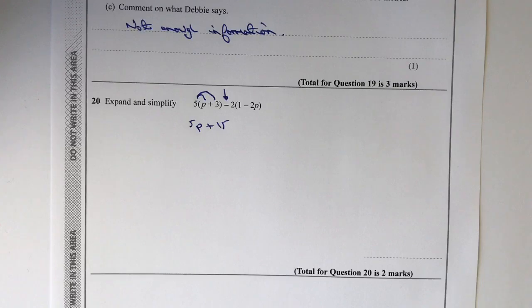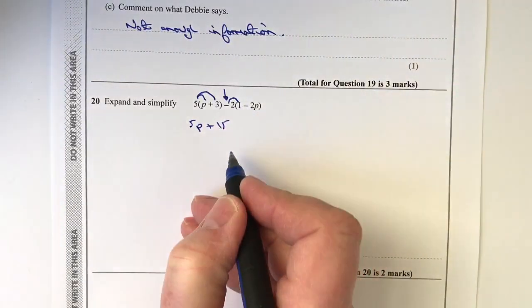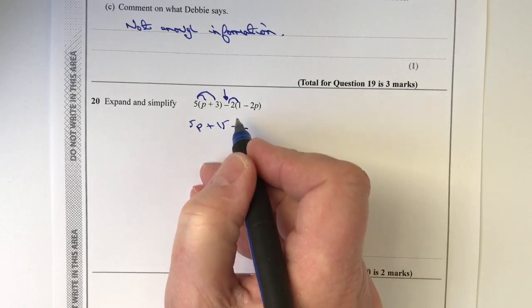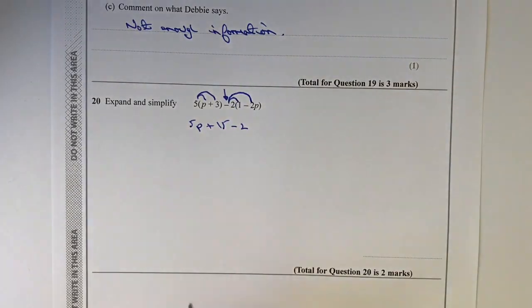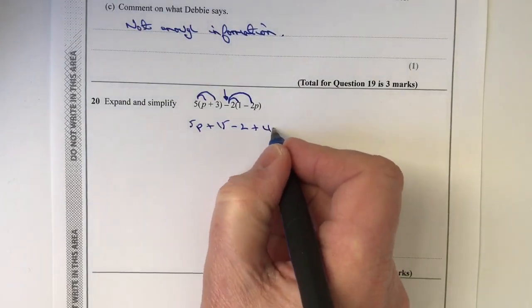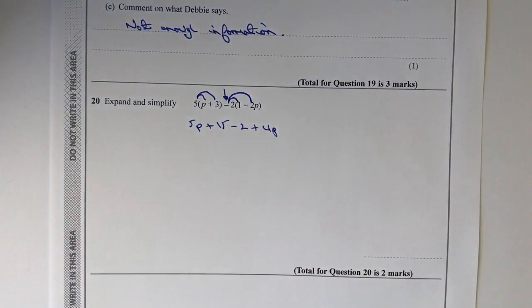But don't forget, when you do the second bracket, it's going to be -2 times 1, which is -2. But then it's going to be -2 times -2p, which is plus 4p. So there's a very good chance if you miss that negative you can get this wrong.